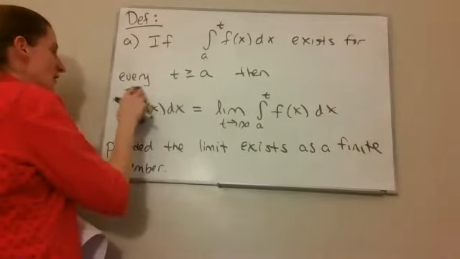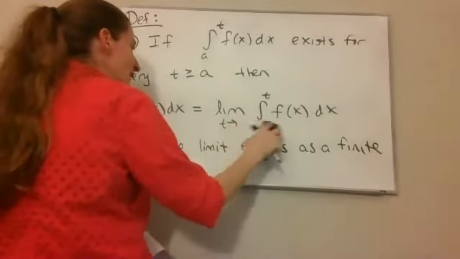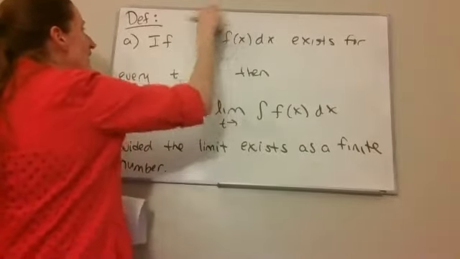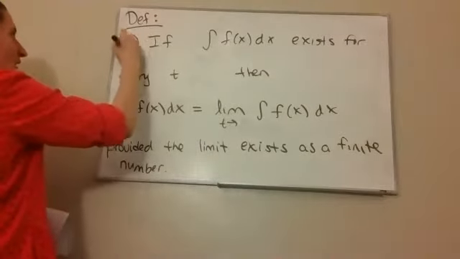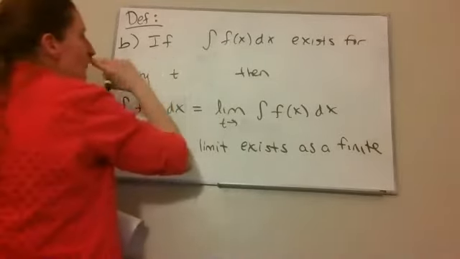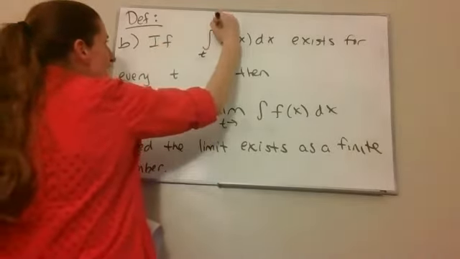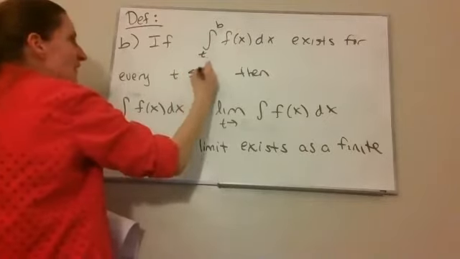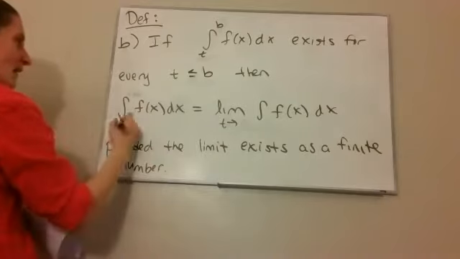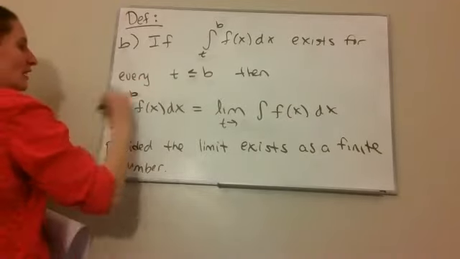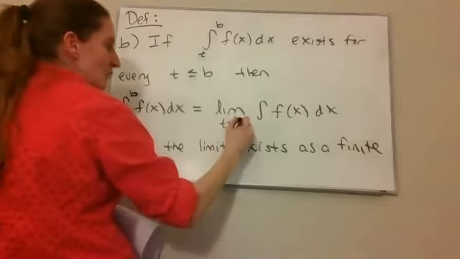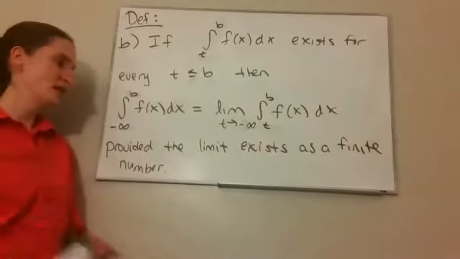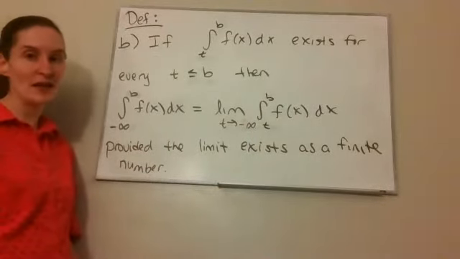Another version is very, very similar. So I'm just going to keep most of this up here and just rewrite it. So the second part says, if the integral from t to b of f of x dx exists for every t which is less than or equal to b, then the integral from negative infinity to b is equal to the limit as t approaches negative infinity of the integral from t to b, provided this limit exists as a finite number.